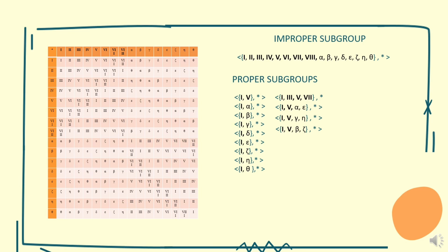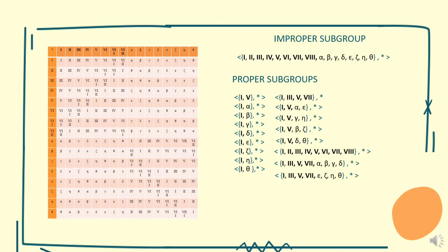The set of 1, 5, gamma, and eta under the binary operation star is a proper subgroup. And lastly, the Roman numerals 1, 5, beta, and eta is a proper subgroup under the binary operation star.